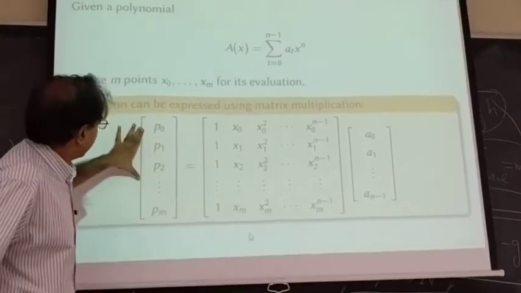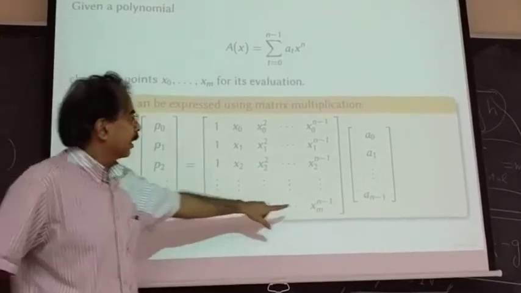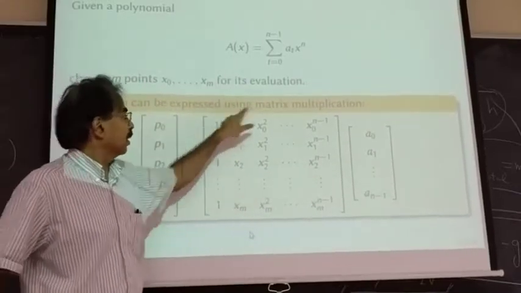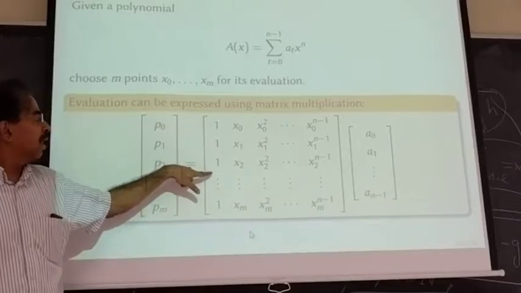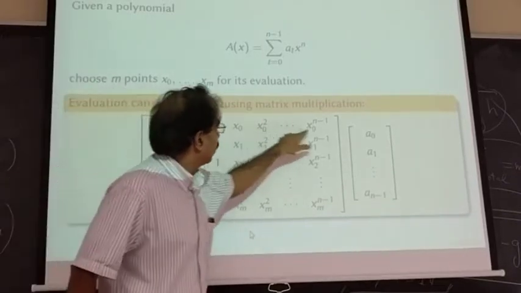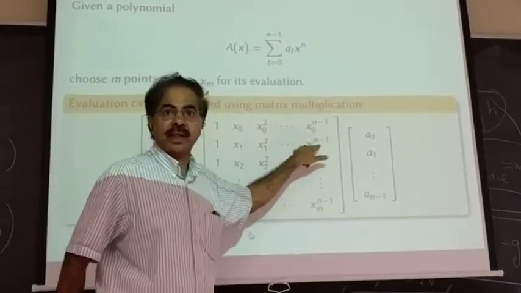Okay, so the capital P represents this column matrix, the capital A represents this column matrix, and the boldface X represents this matrix, right? Notice that the way we obtain this is by taking x0 and writing out its powers in the first row, taking x1 and writing out its powers in the second row, and so on.